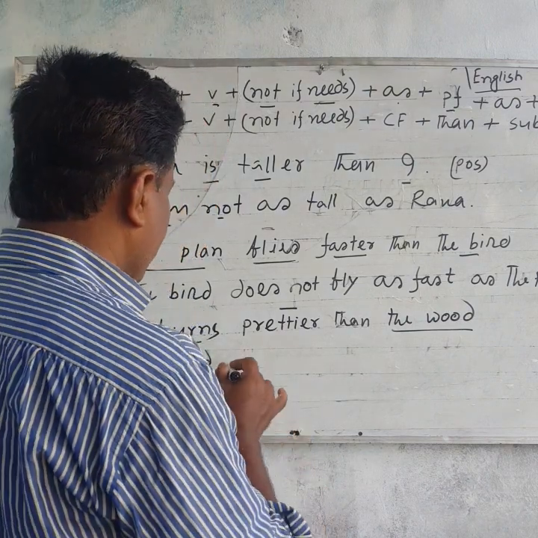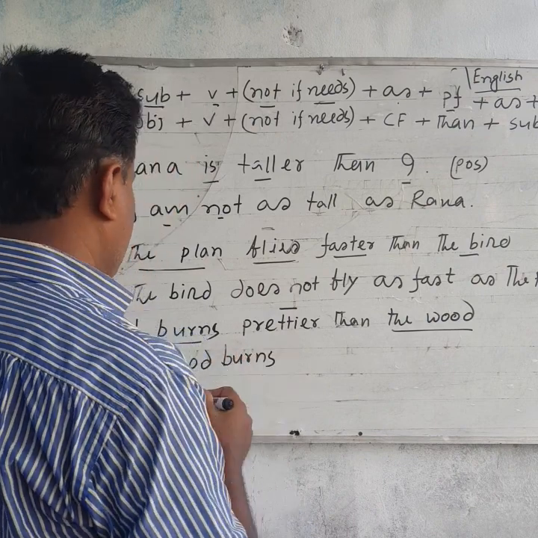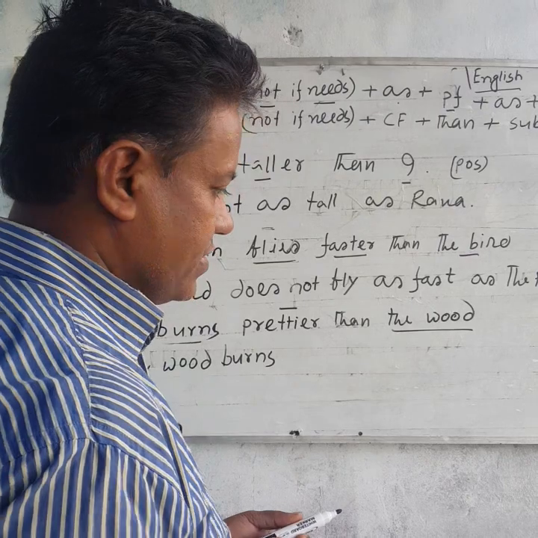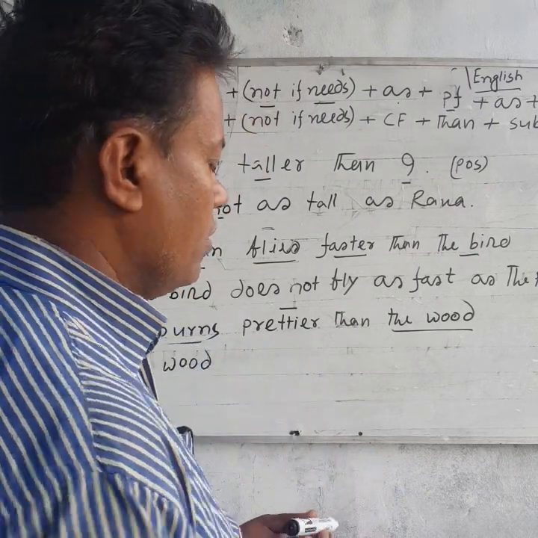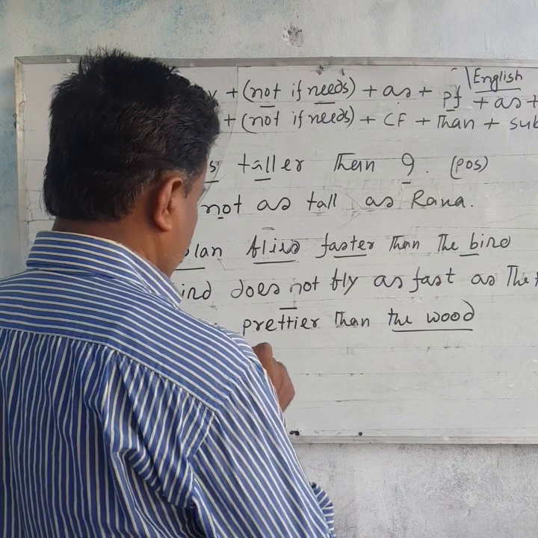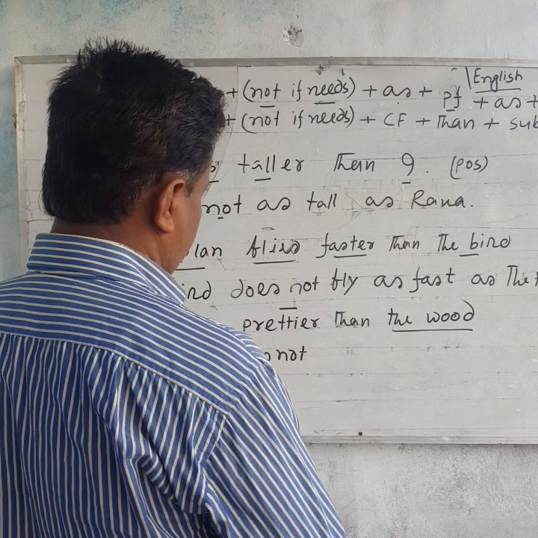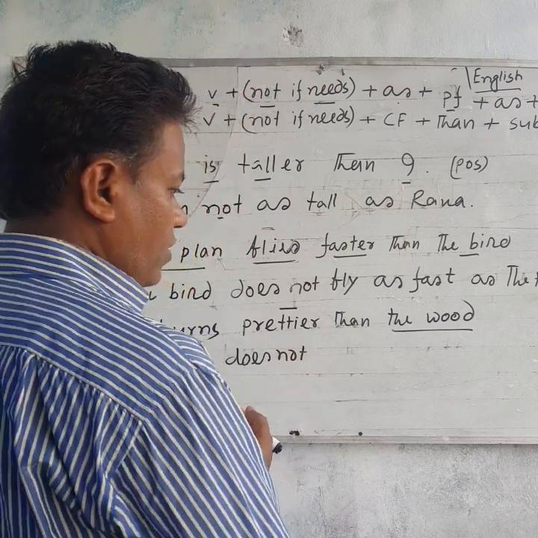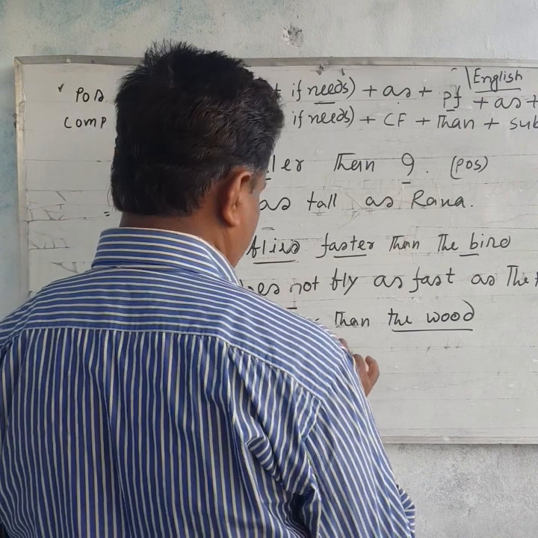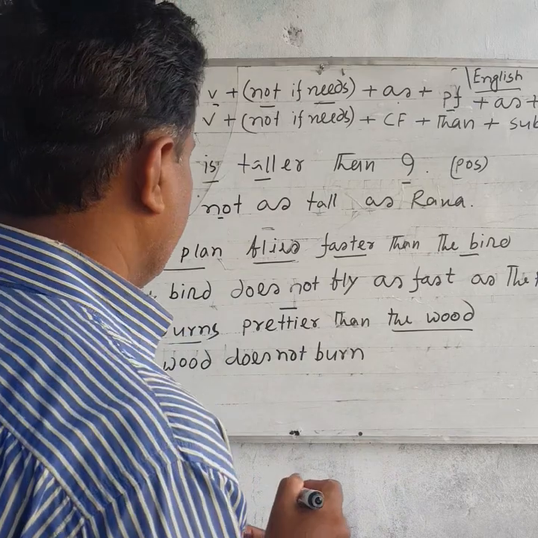That means burns, no, does. Does not. After do, does, did, the next verb will be only the bare form. That means burn, B-U-R-N. It does not burn.